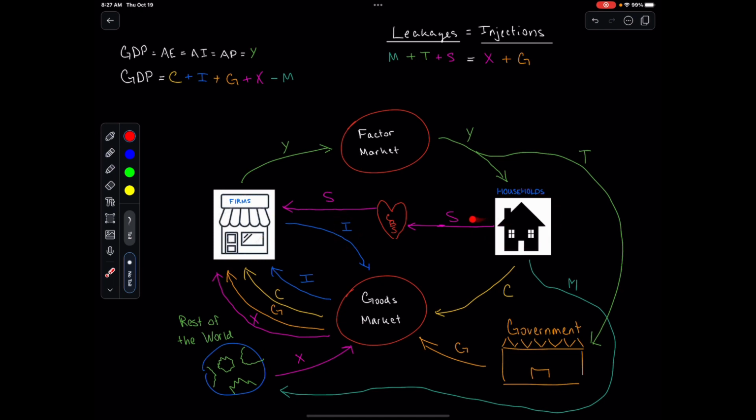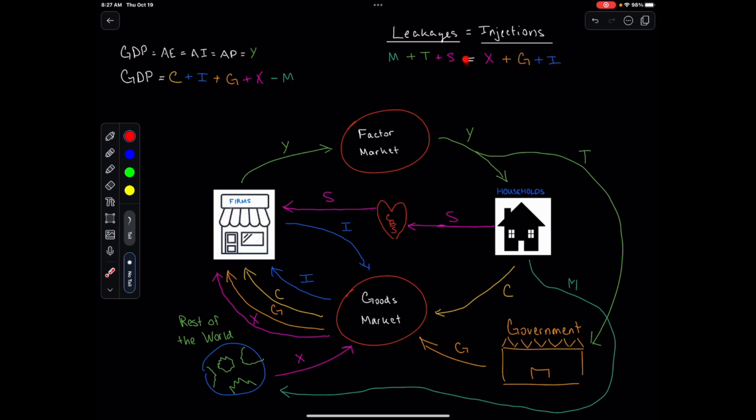The household will save money in the Canadian banking system, and the firms will then use that money to invest back into the goods market. So that's another injection, and we're going to draw an I up here. Perfect. So we've got our 3 leakages and our 3 injections: imports, taxes, and savings as leakages, and exports, government expenditures, and investments by firms as our injections.